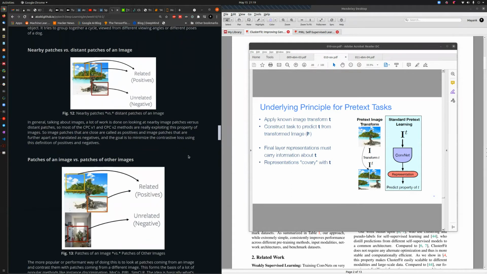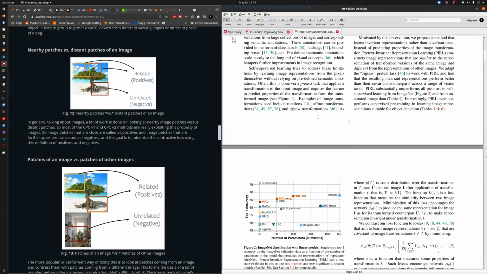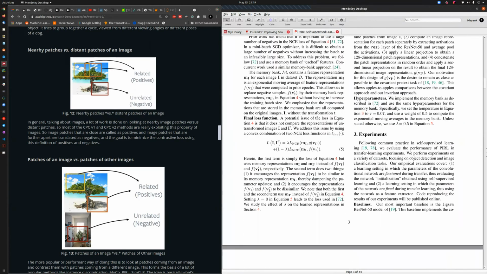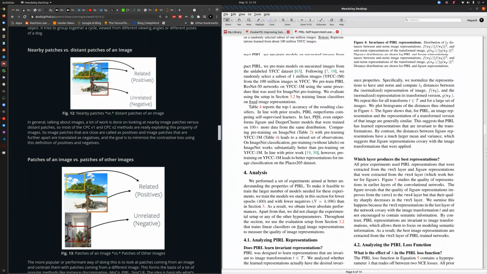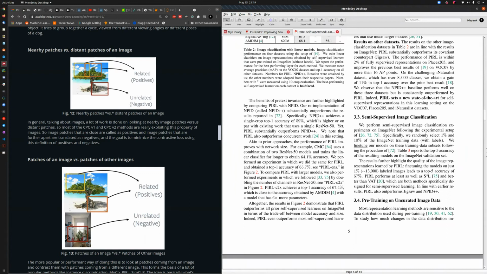So this kind of downstream task is used, and this kind of learning is used here.